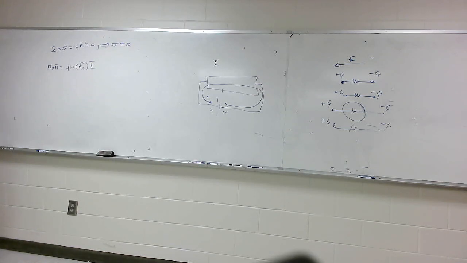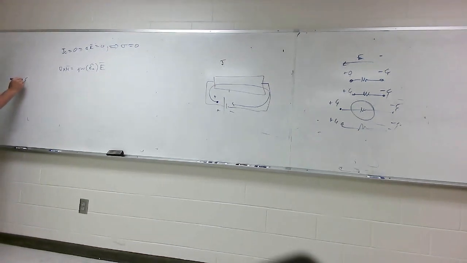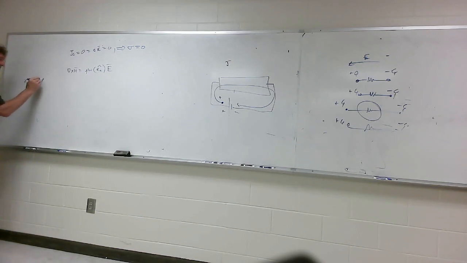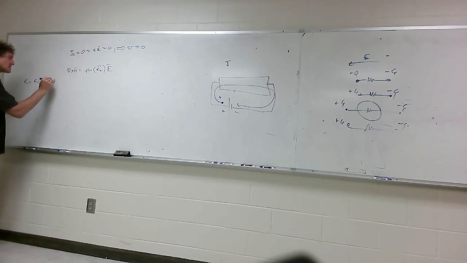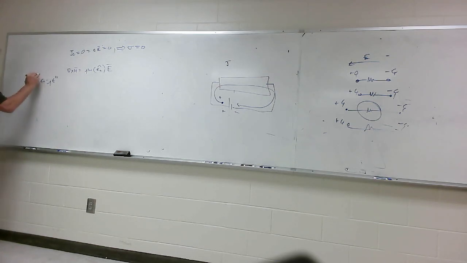Epsilon complex is equal to epsilon relative times epsilon naught, minus j times epsilon double prime. You're going to have to just go with me on this one. The first part is usually represented as epsilon prime. So epsilon complex is epsilon prime minus j epsilon double prime. This is the complex permittivity.